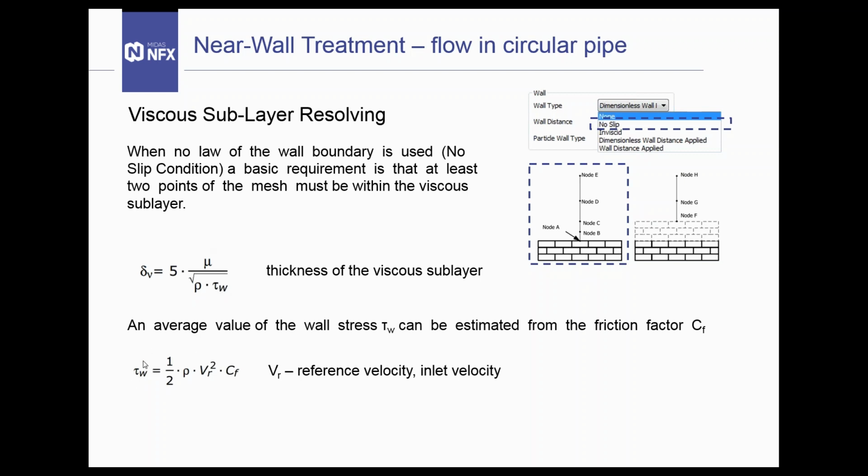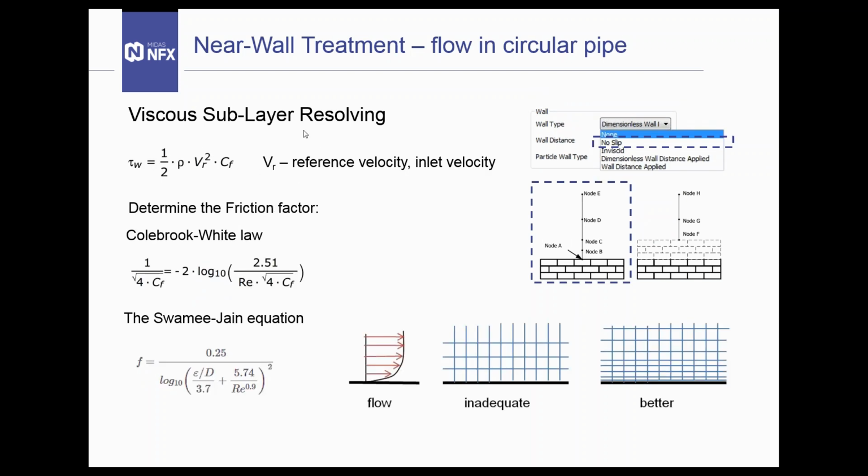So the equation for that looks like the following. So we have the velocity, we have density, and we are looking for this friction factor. This friction factor can be estimated from the Colebrook and White law.